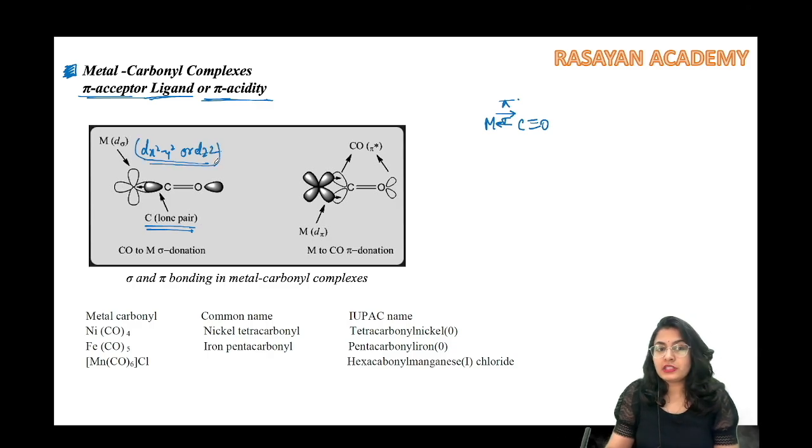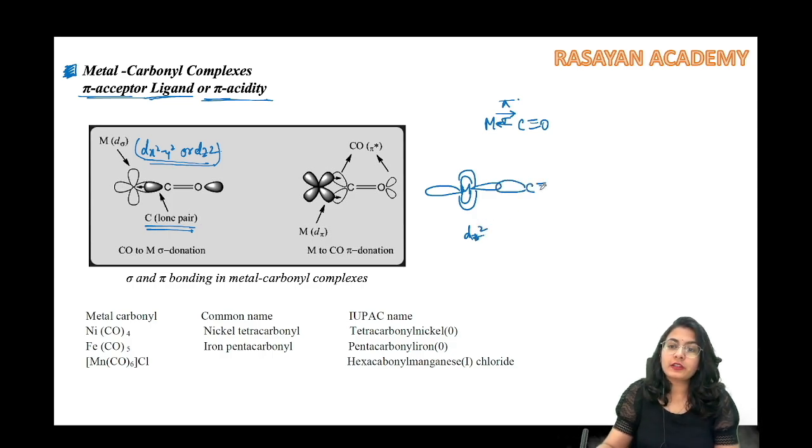Any one of these orbitals, these are present on the axis, and most of the time, let's say we are considering the dz square orbital of the metal, that is binding to the carbonyl in this way. Okay, so this forms the sigma bond over here.